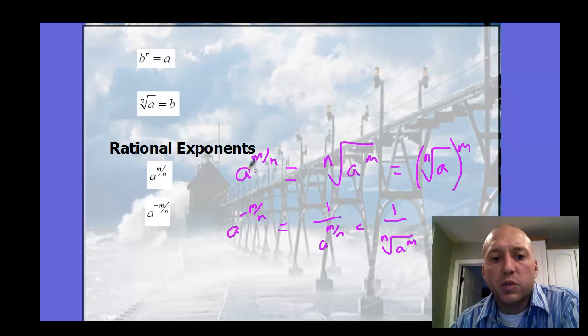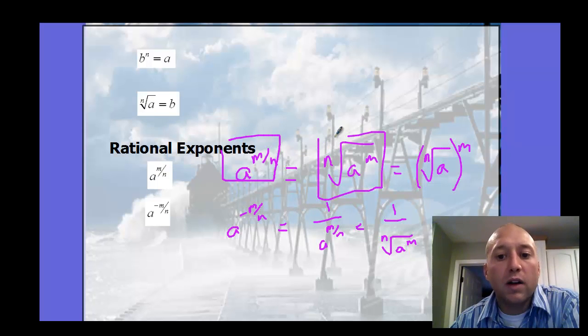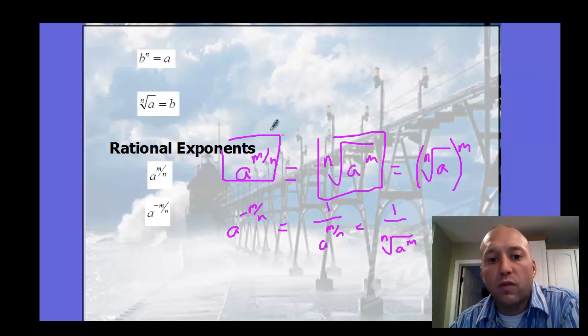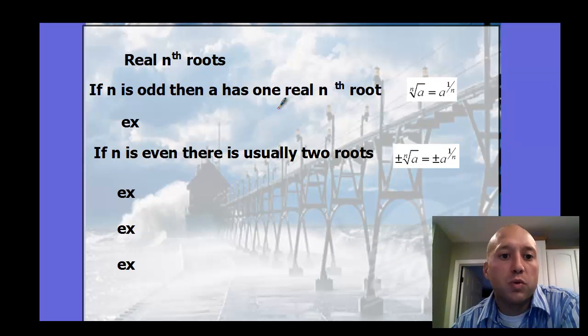But this is where we're going with this. We're just taking this one rule, that a fractional exponent can be written in radical form. This is exponent notation, and this is radical form, the two forms for those roots.